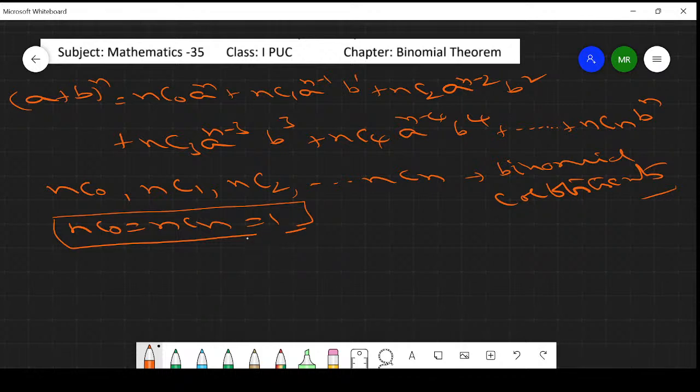Always remember from permutation and combination, nCr is equal to nC(n minus r).